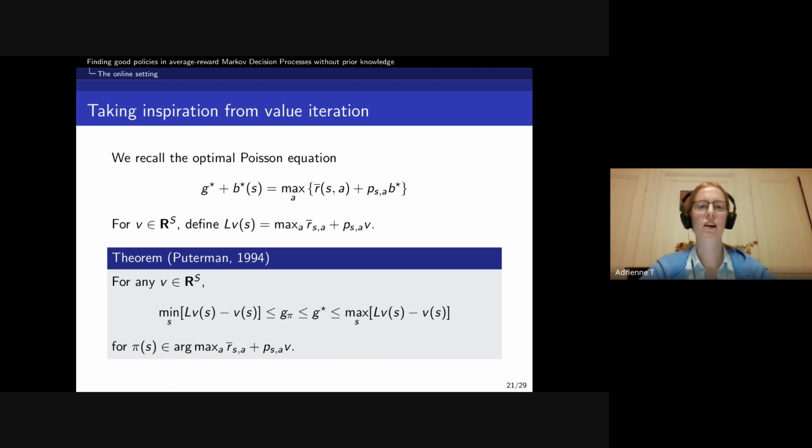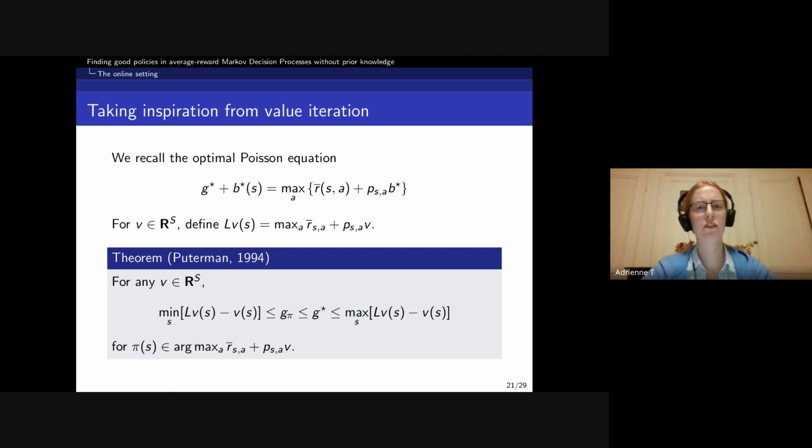Value iteration is when you know your transition matrix, you know all the probabilities, you know all the rewards, you know everything, and you want to find the optimal policy. What you can do is define an operator, the operator L, which is basically the right-hand term of the optimal Poisson equation.